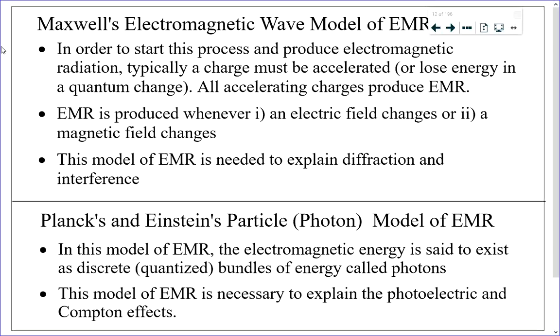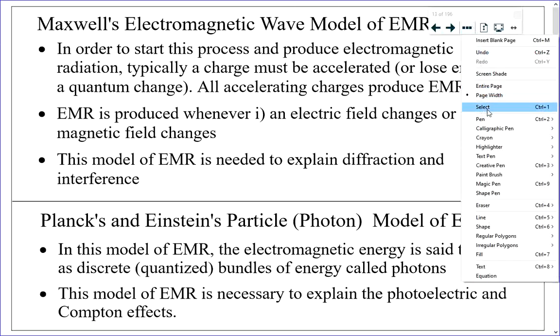And this model of EMR is necessary for you to explain things like the photoelectric effect and the Compton effect. And this is almost always a pet question on diploma exams.